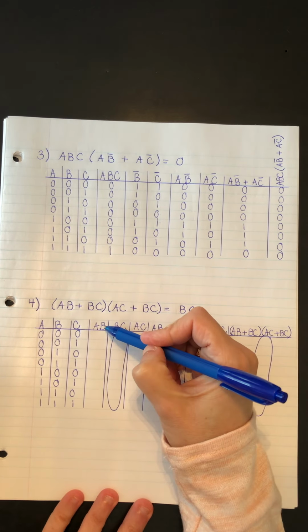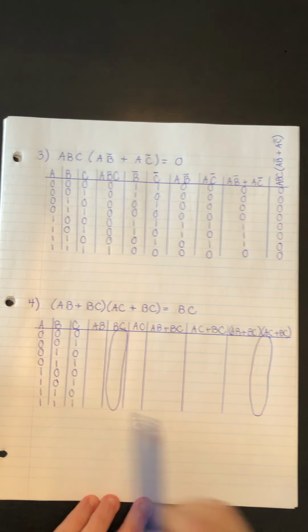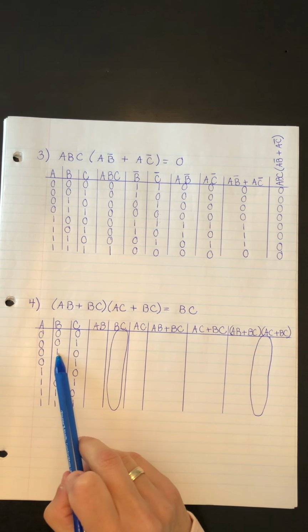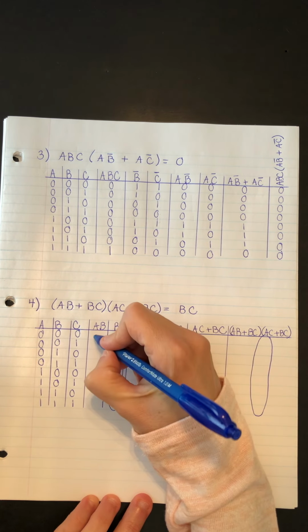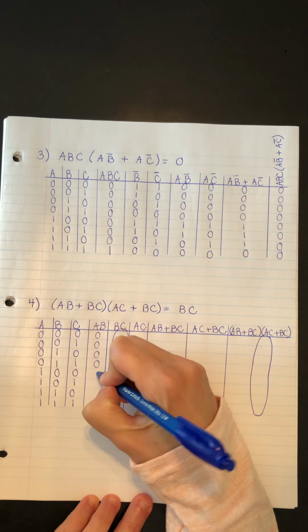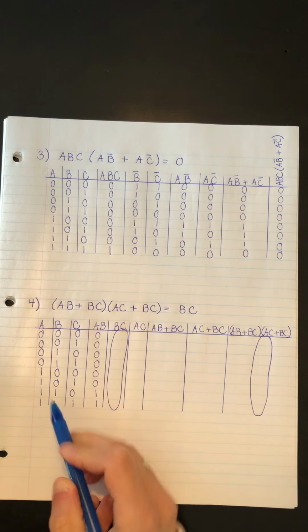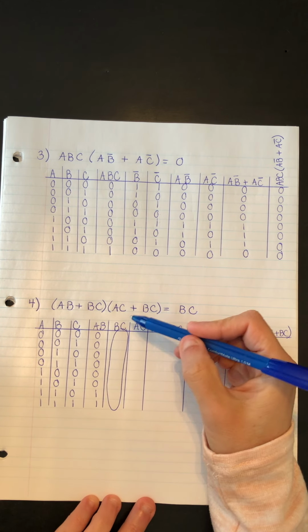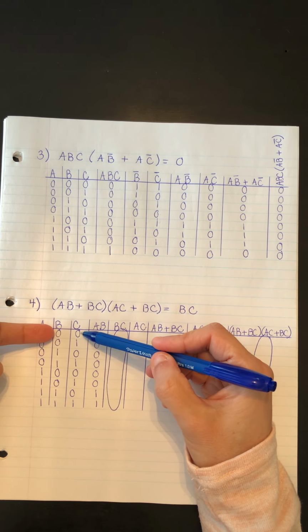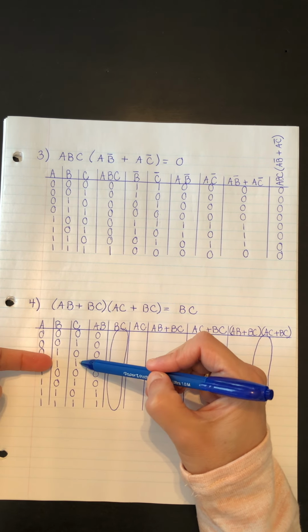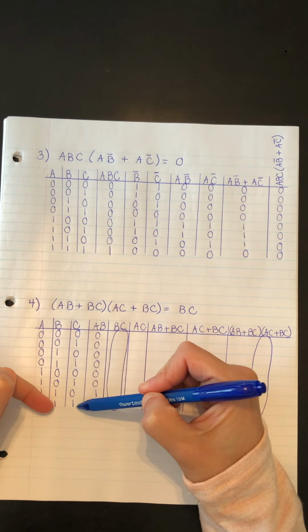So multiply A and B. 0, 0, 0, 0, 0, 0, 1, 1. Okay, so we get ones at the bottom. Multiply B by C. So these two, right? 0, 0, 0, 1, 0, 0, 0, 1.